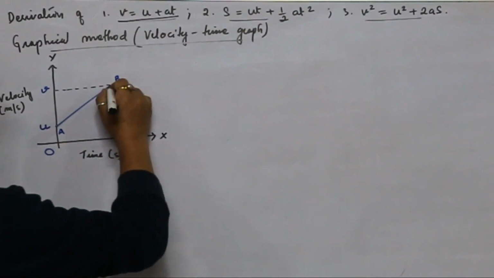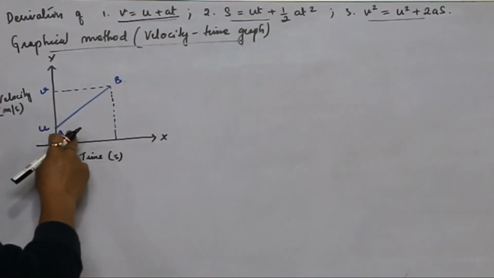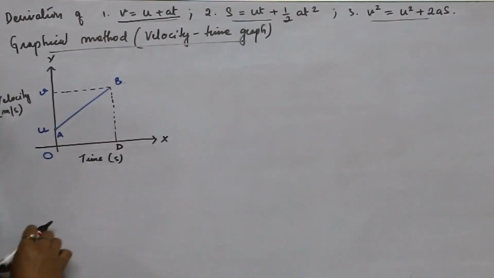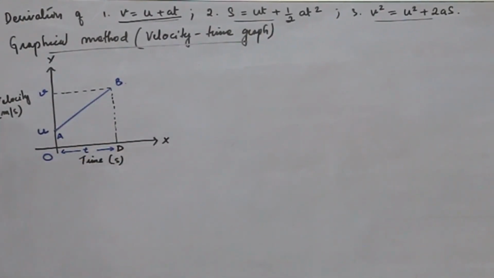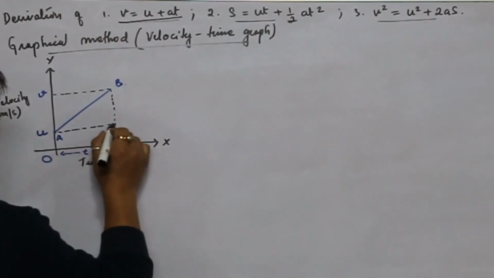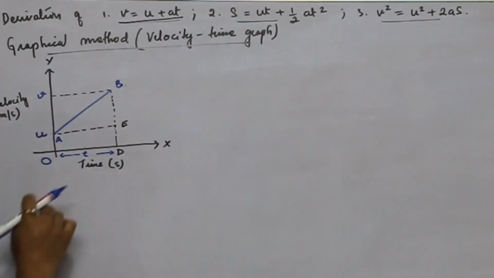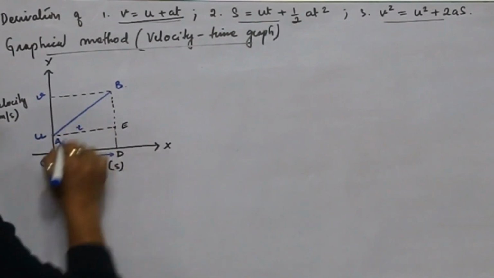And from here, if we drop a perpendicular line, the time taken by the body to reach from point A to B is considered as D. So this is the time taken, let this be t. And from A, if we drop a perpendicular to line BD, let's take this point as E. So here OD will be equal to AE. This will also be t.